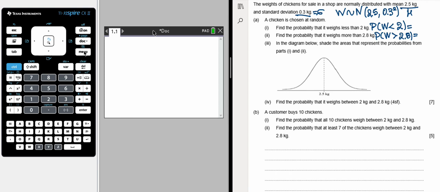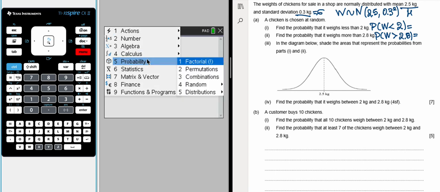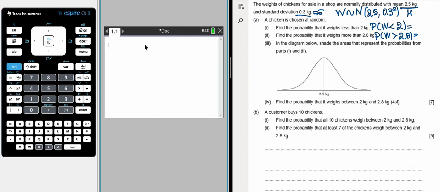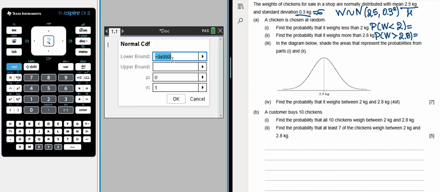We have menu, and then probability, and then distributions, and then normal CDF, because we want less than, more than. For the first one, the lower boundary, it's okay to approximate the negative infinity. That would go up to 2. The mean is 2.5, and the standard deviation is 0.3.